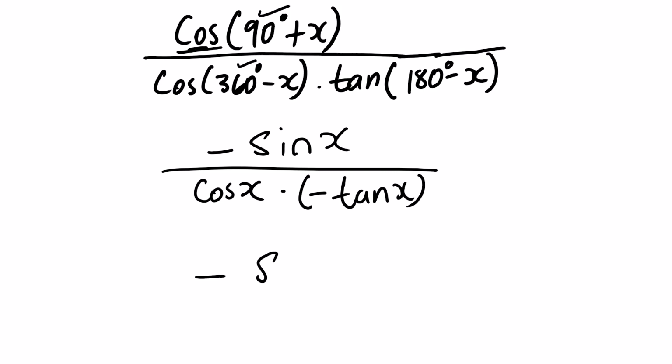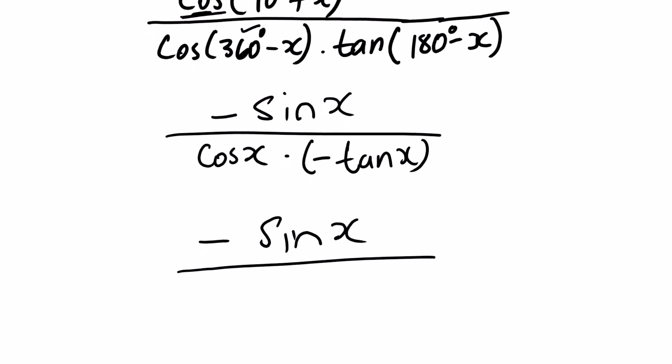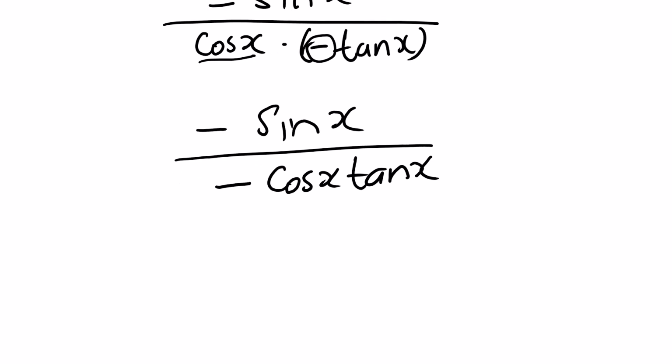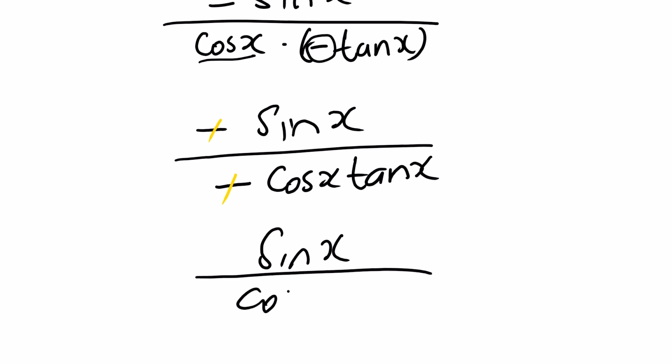We have negative sine x all over this negative, okay, cos x multiplied by negative tan x, it's negative cos x tan x. From here this negative will get rid of this, and then we have sine x over cos x tan x.